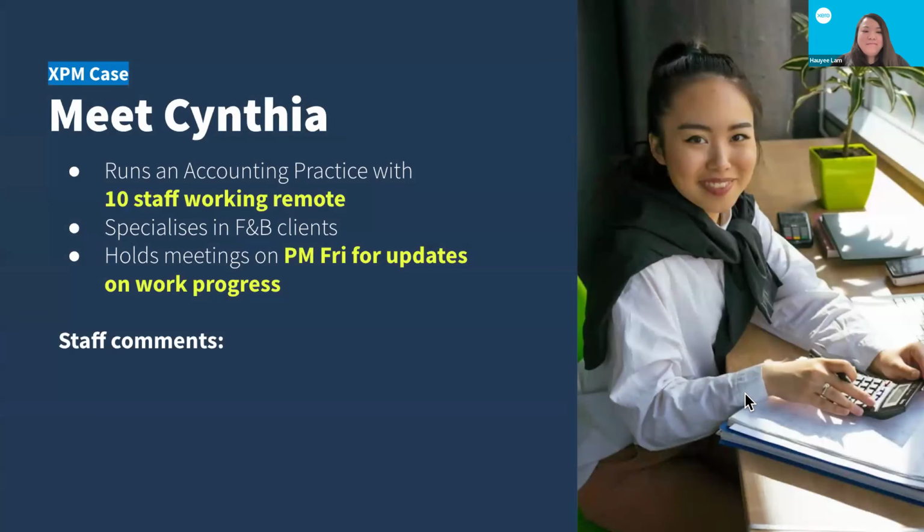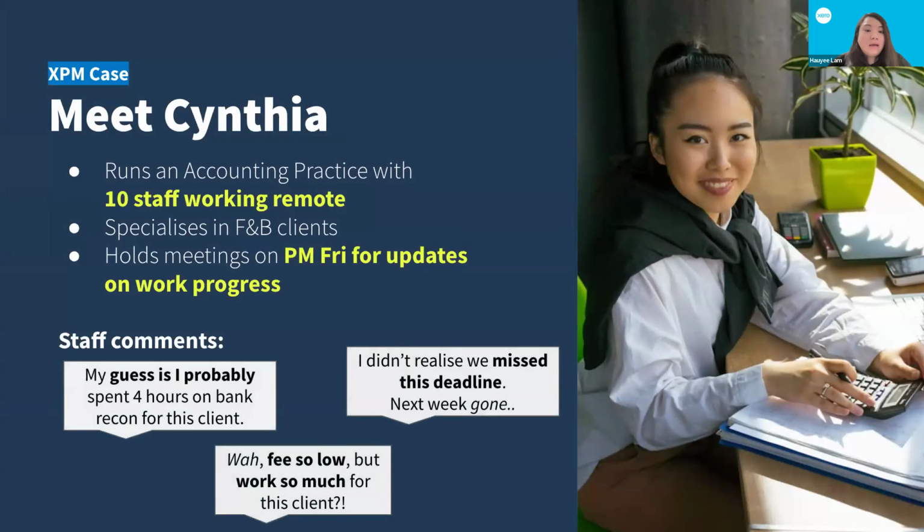All right, so everyone meet Cynthia and her team at AC Business Consulting, a firm of 10 staff, and they are meeting weekly to stay updated on the client work. Without a dedicated practice management tool, the team struggles with common challenges as follows. First, time tracking. It is hard for the staff to accurately track their hours, making it very difficult for Cynthia to monitor efficiency.